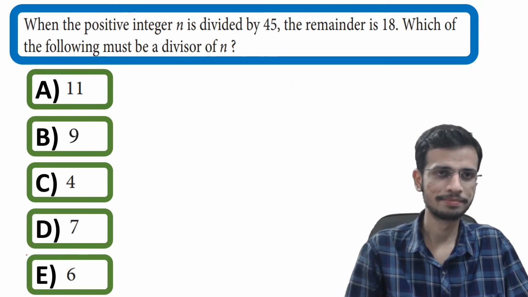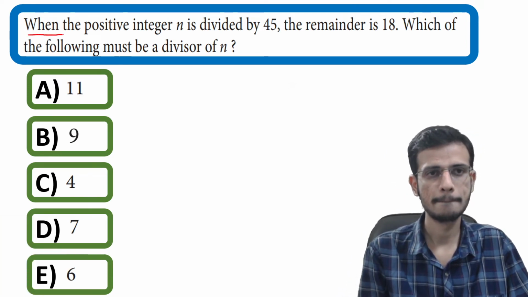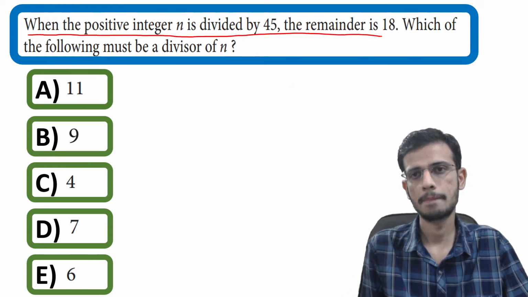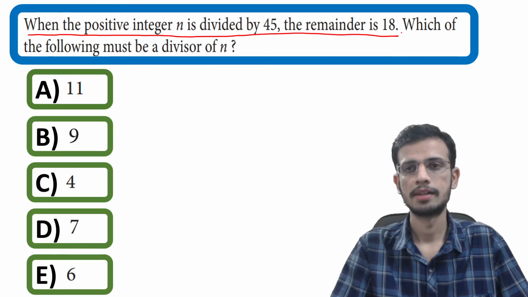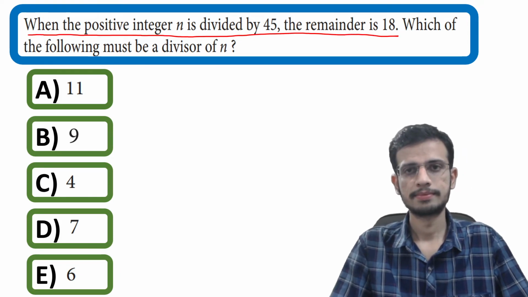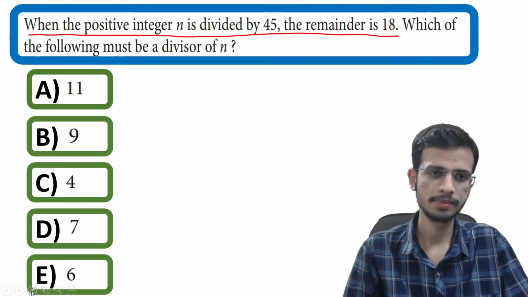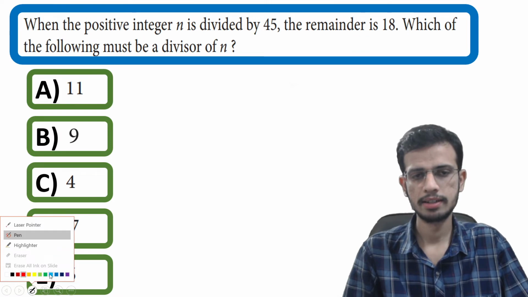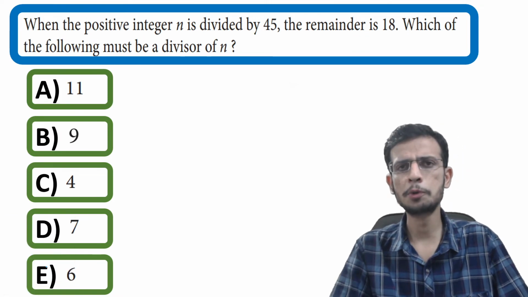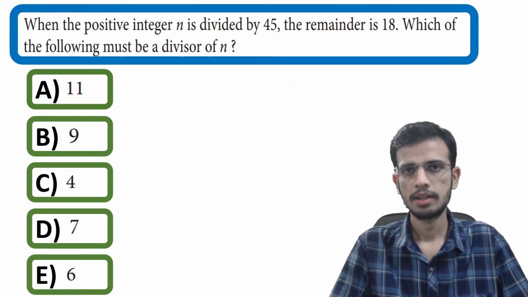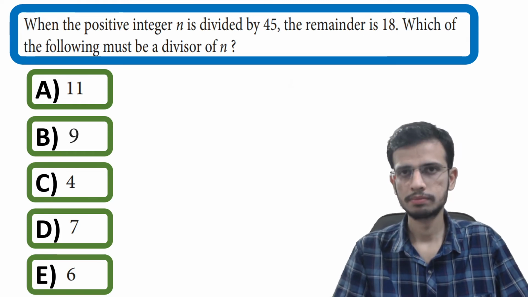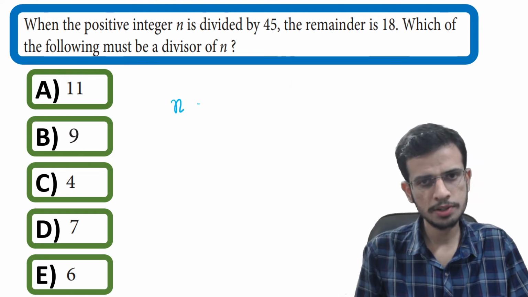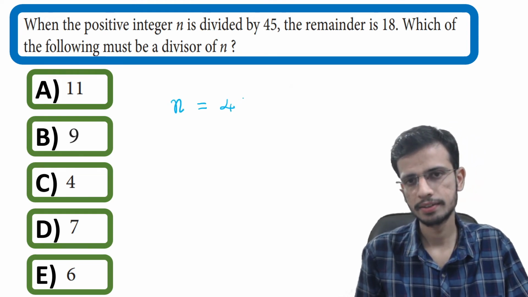I will highlight this line. If in the question we are given that a positive integer is divisible by 45, then we can write n equals 45 times k, right?